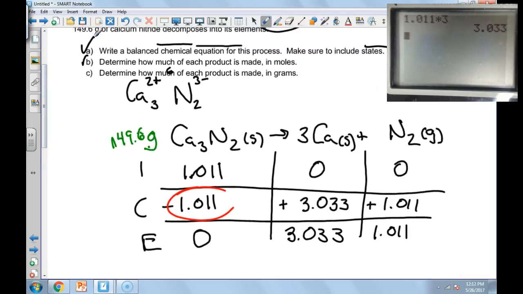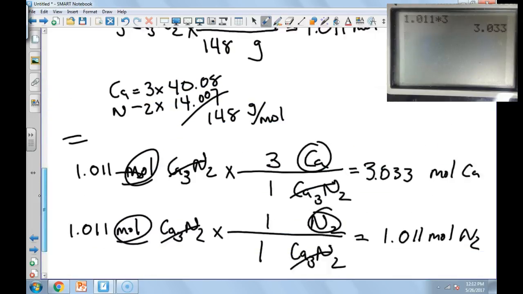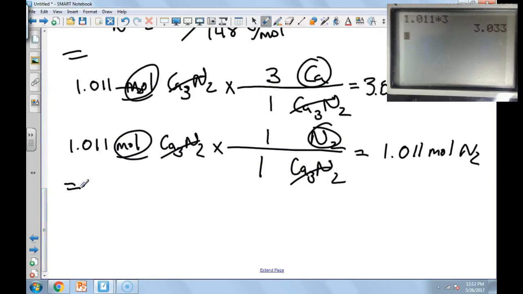So we've done the reaction, done the equation, I guess. We've figured out how many moles. Now we need to determine how many grams. And how do we convert moles to grams? Well, we have to use the molar mass. So now we do kind of the same thing that we've been doing. 3.033 moles of Ca, and we need the molar mass of calcium.